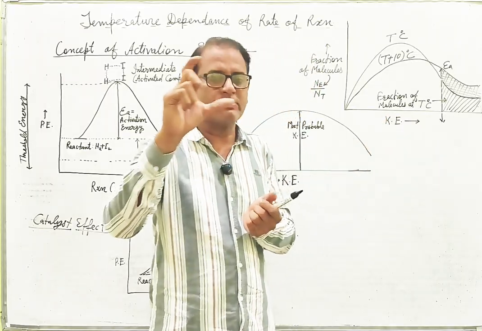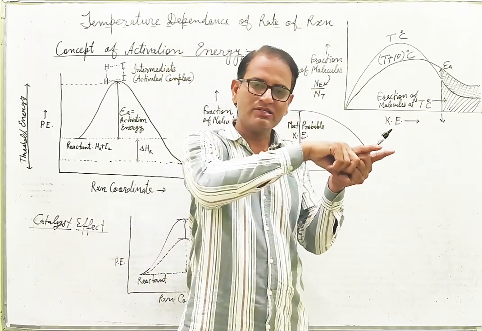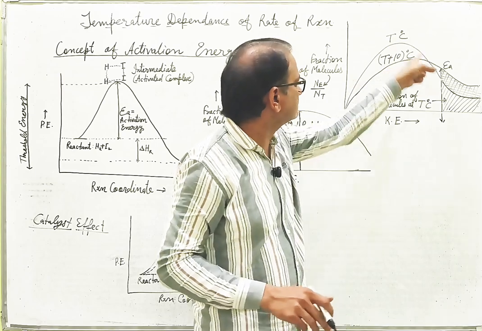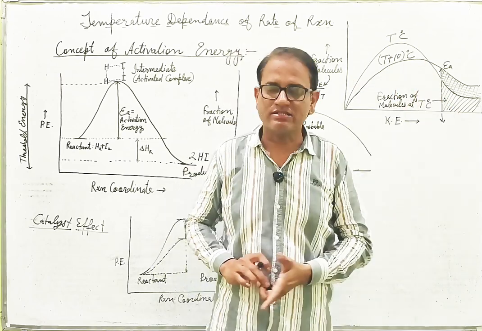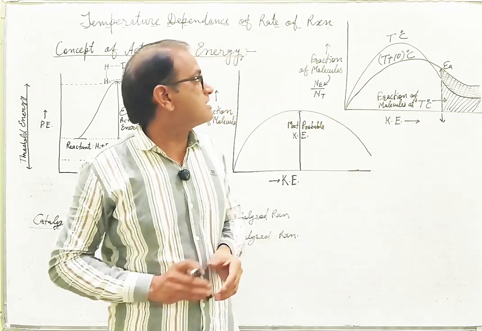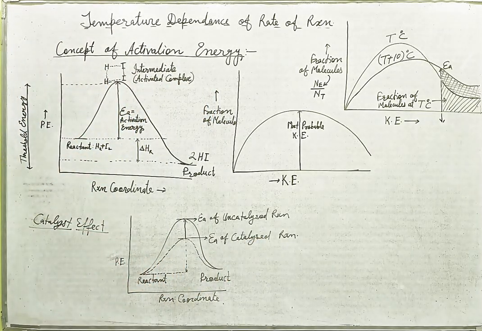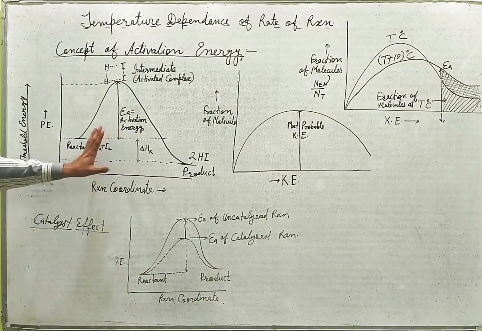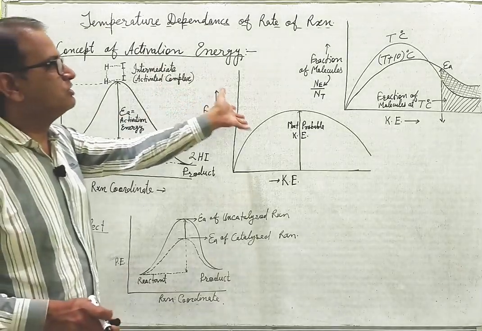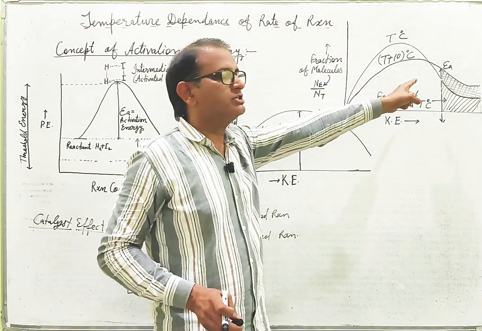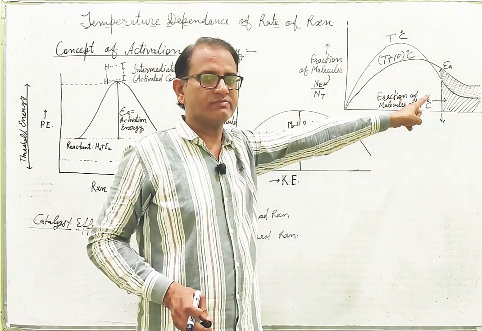So that part is increasing, 10 degree difference is there. So this is how we can understand, on the basis of the concept of activation energy, how the fraction of molecules is increasing on increasing the temperature.